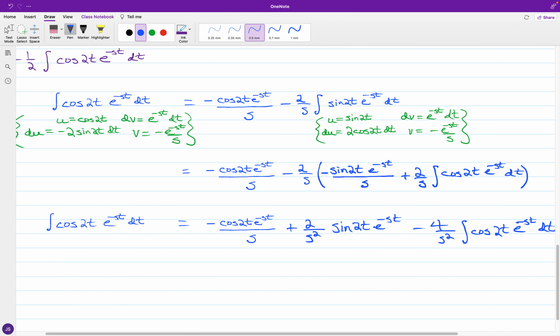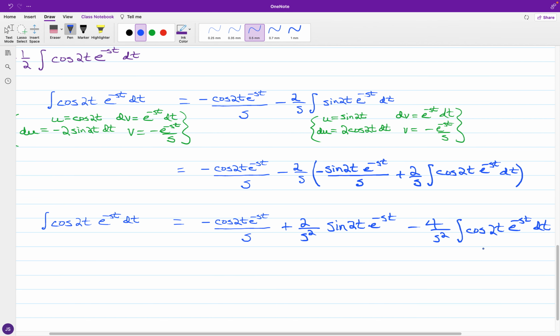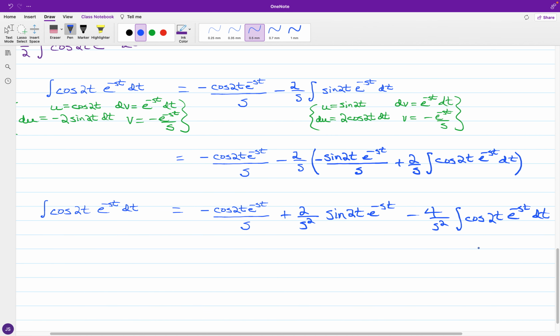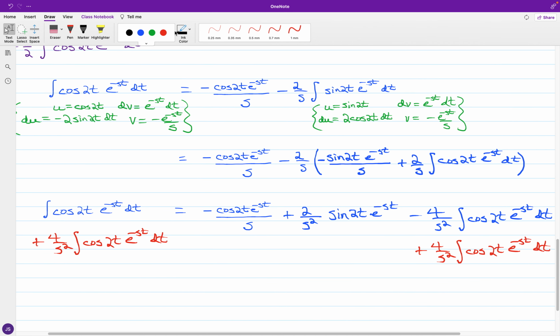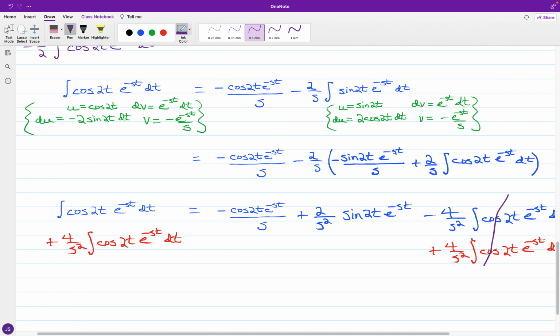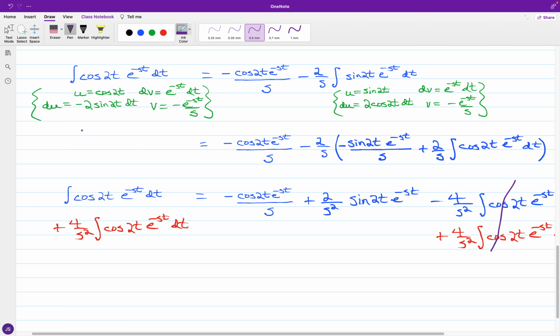And if you notice, we have integral terms in the integral of cosine of 2t times e to the negative st. We're going to have cancellation. Now, you have the quantity 1 plus 4 over s squared times the integral of cosine of 2t e to the negative st dt.